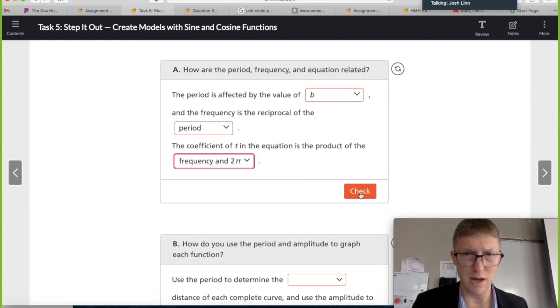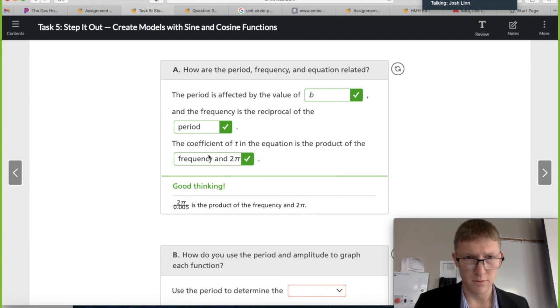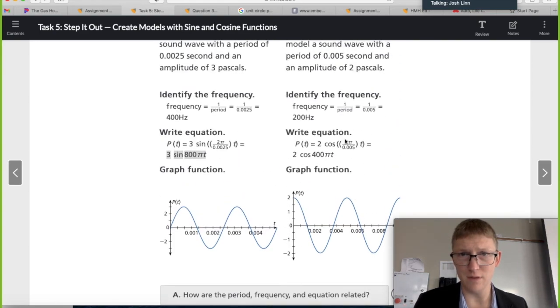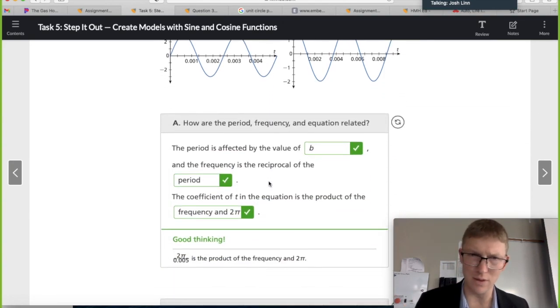The amplitude is on the outside, yeah. So the amplitude is on the outside of the function. That's that number right there. So it was 1 over b, which I guess is the same as the frequency. So that's why I was getting confused.